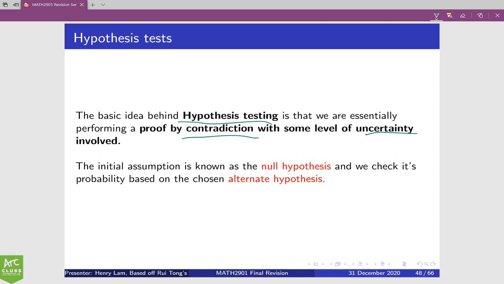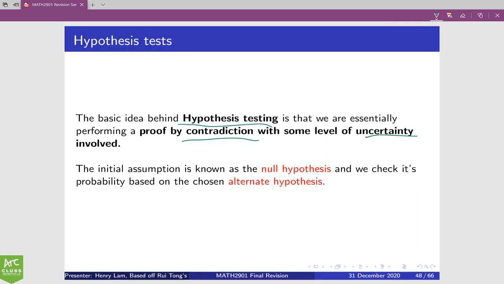Uncertainty because, well, you're doing probabilities, right? So there's going to be some sort of uncertainty involved. And the contradiction part comes from the fact that you assume the null, and then base your argument around that assumption, and check it, probably based on the chosen alternate hypothesis, right?